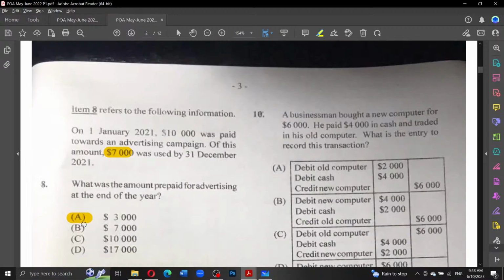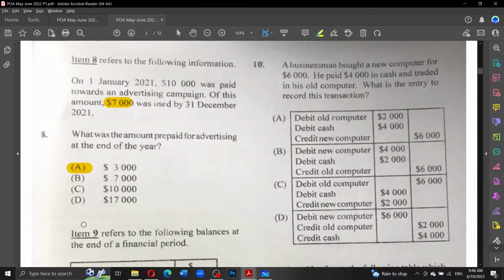Moving on to number 10. A businessman bought a new computer for $6,000.